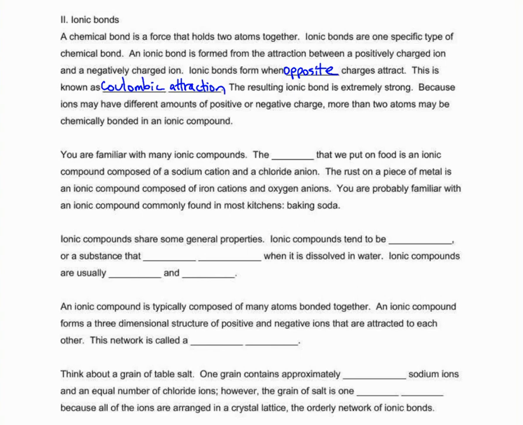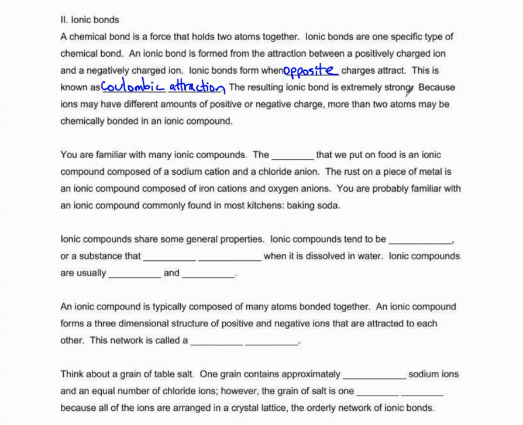If you take physics, we'll talk about Coulombic attractions in a lot of detail. If you take AP chemistry, same thing, you'll see it in a lot of detail. Here it's just by name, it's just by idea. So we have opposites attracting, it's a Coulombic attraction, and the resulting ionic bond is extremely strong.